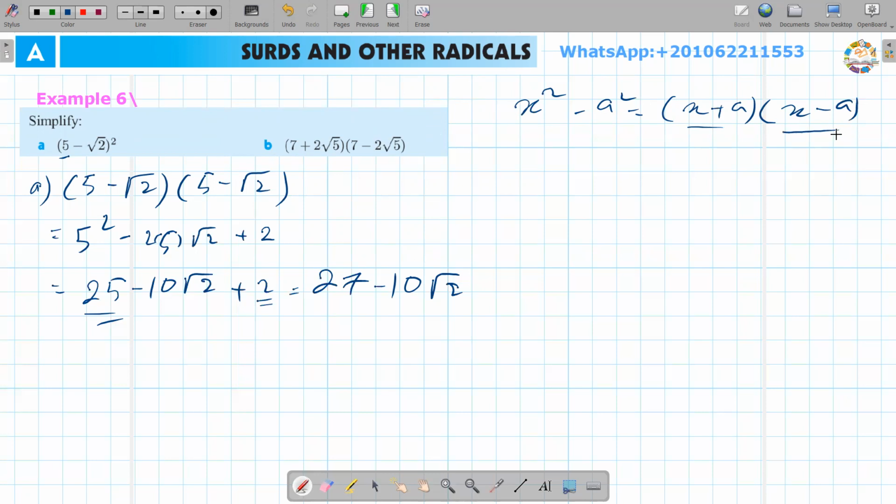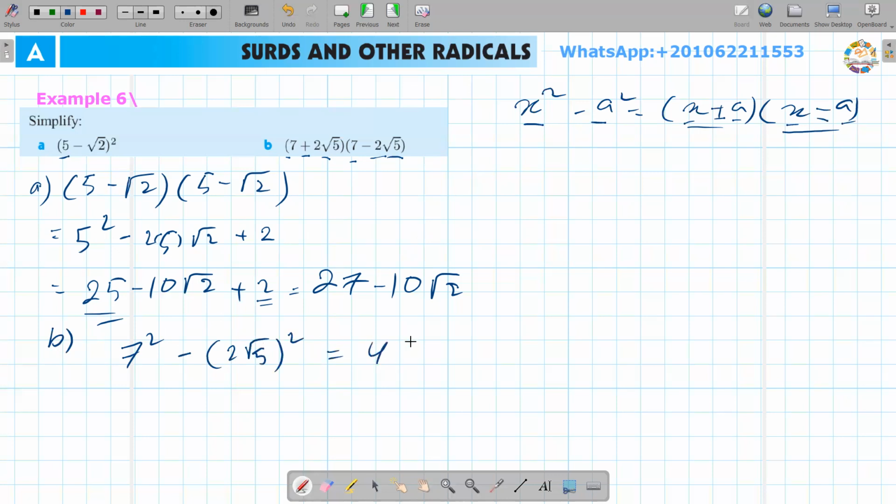You can use the same concept because here we have x and a, positive and negative. Here we have positive, negative, and 7, 7, 2 root 5, 2 root 5. Then you can put it in this form, which is 7 squared minus 2 root 5 squared.